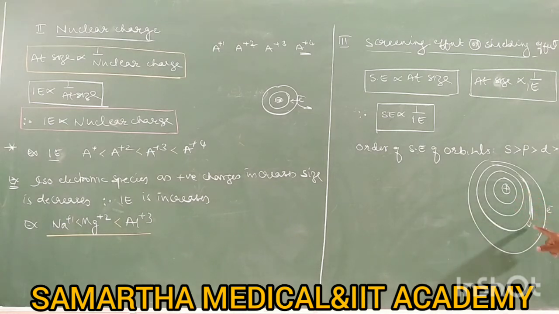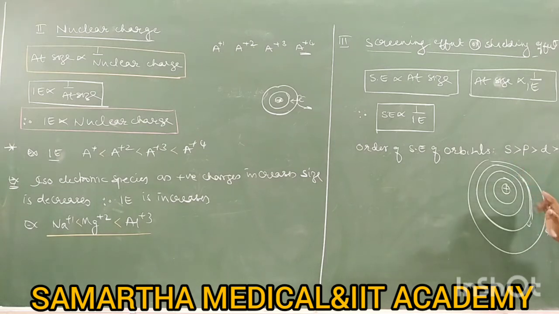Due to these inner electrons, the outermost electrons experience less attraction by the nucleus. It means the nucleus cannot hold the outermost electron very strongly because there are inner electrons making a wall.